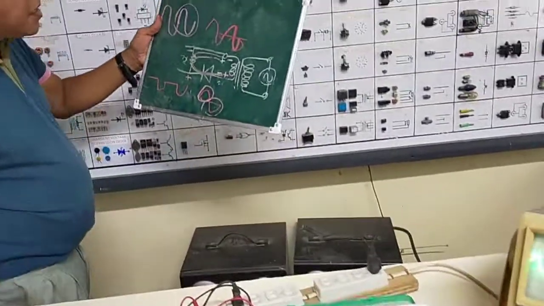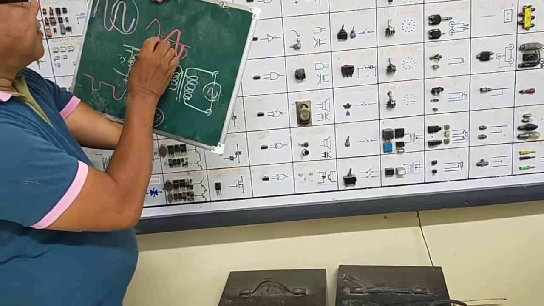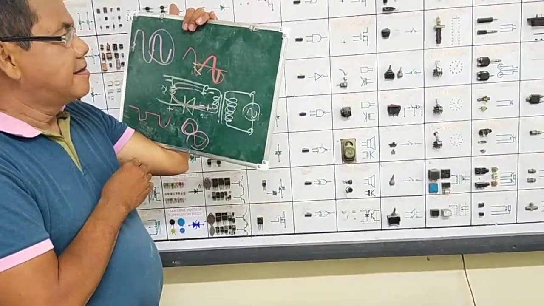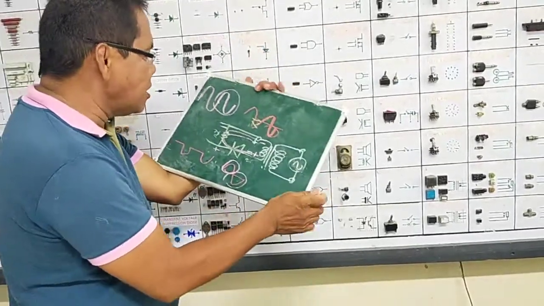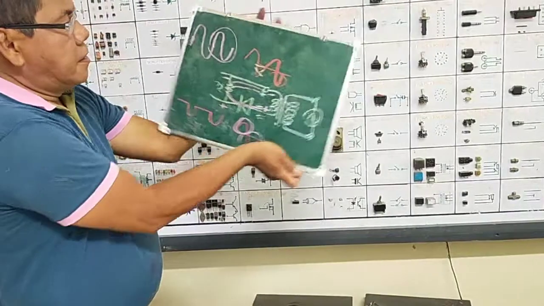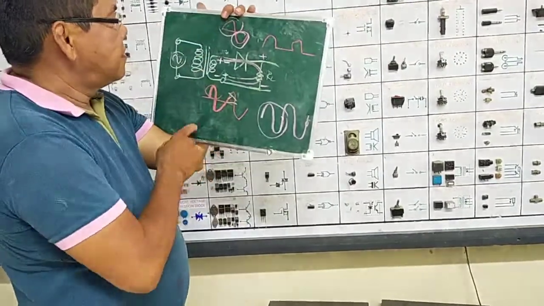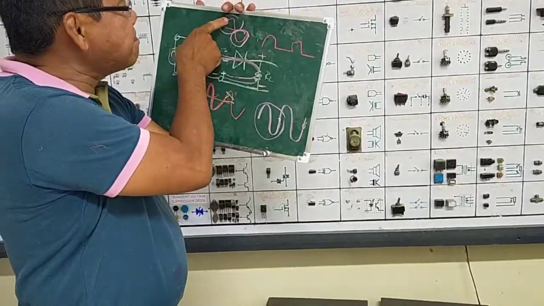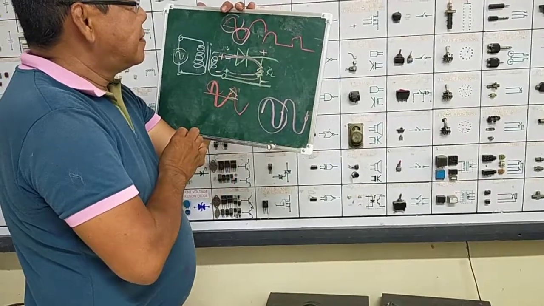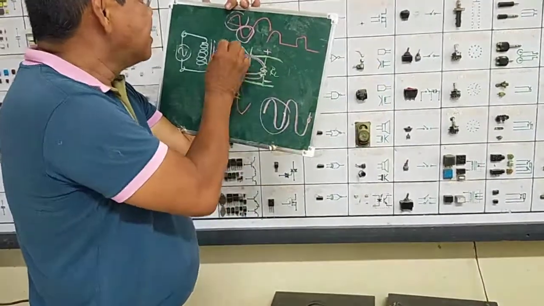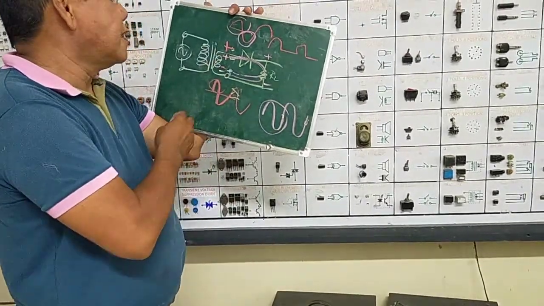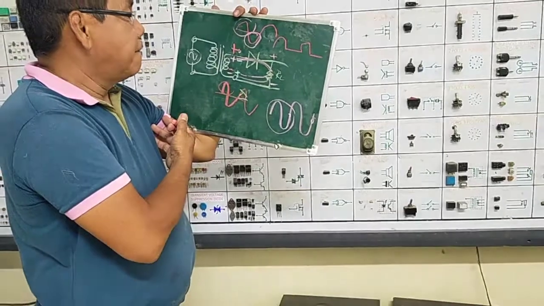So in this case, the negative half cycle is not allowed to pass. Then the next half cycle, it is changed to positive. Positive, negative, positive, negative. Now, for the third half cycle, it is positive. It goes back to the other polarity.